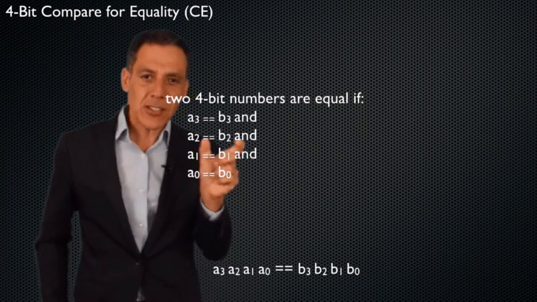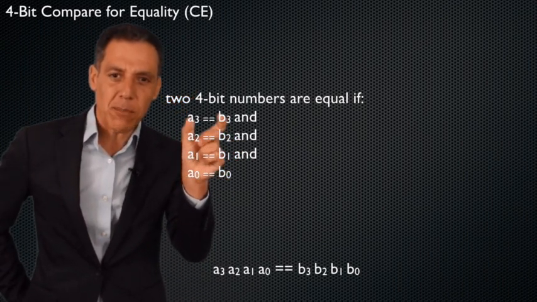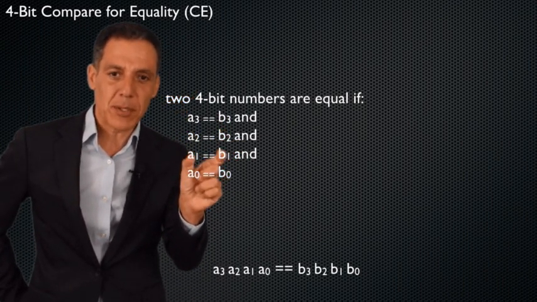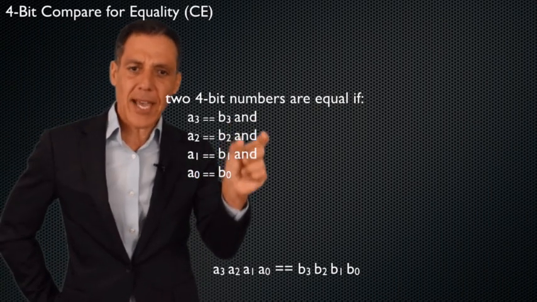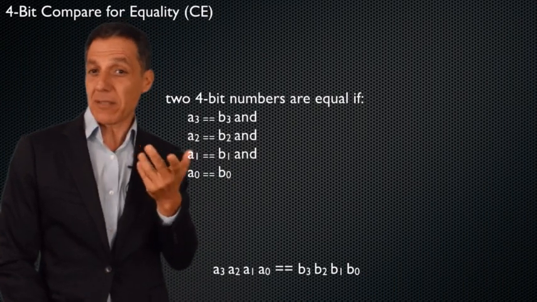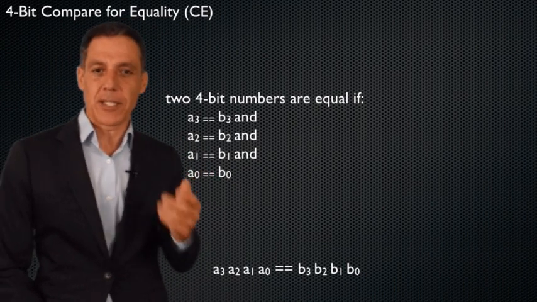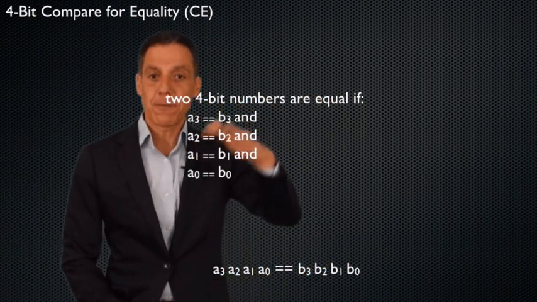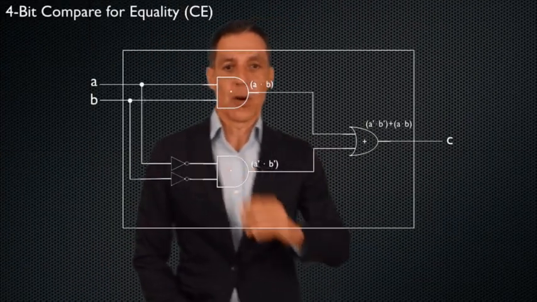So really, if I could solve this 1-bit problem and this 1-bit problem and this 1-bit problem and this 1-bit problem, well then I could just logically combine them using an AND operator. So maybe we can simplify this calculation a little bit and not have to populate that full 256 row table.